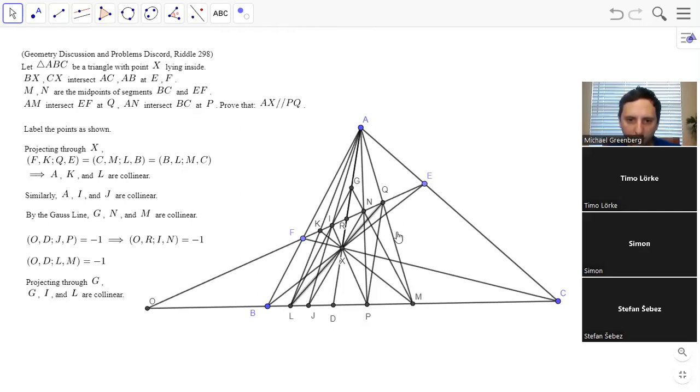QX meets at L. QA intersects at M. LMP. You want to show LMP and that point are harmonic. Let me think about this. P.